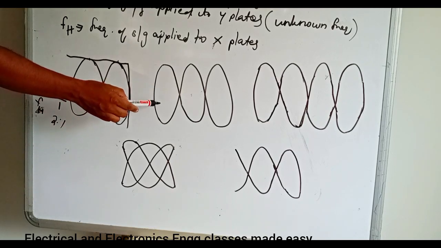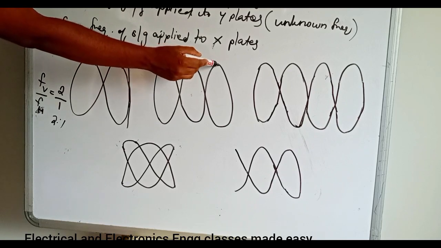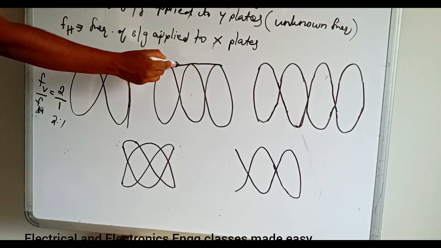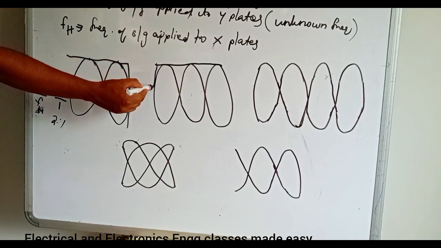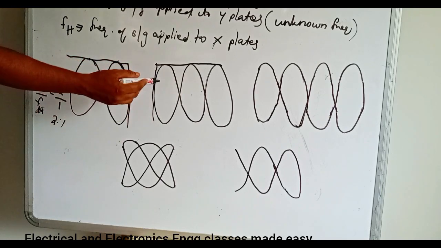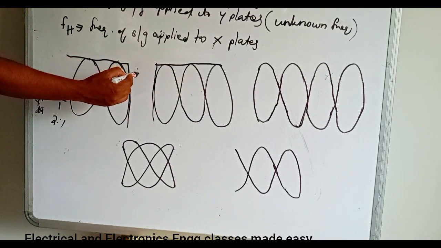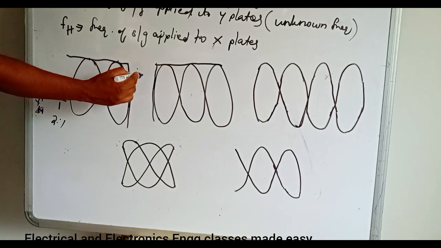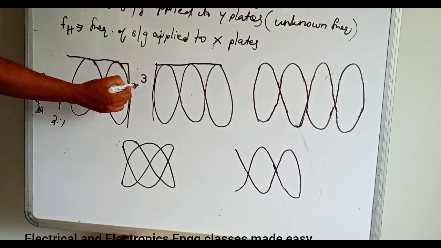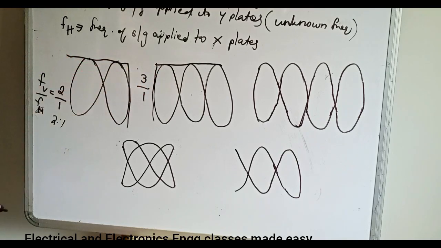Then in this case draw tangents, either side you can draw. Here the upper tangents are 3 and here it is 1. So the ratio is 3:1 for this case.